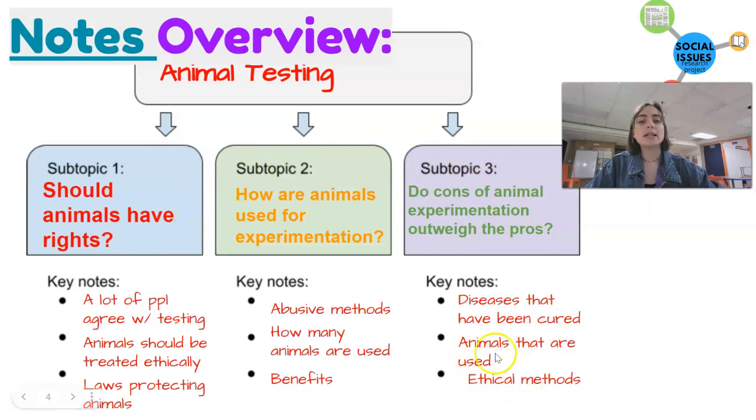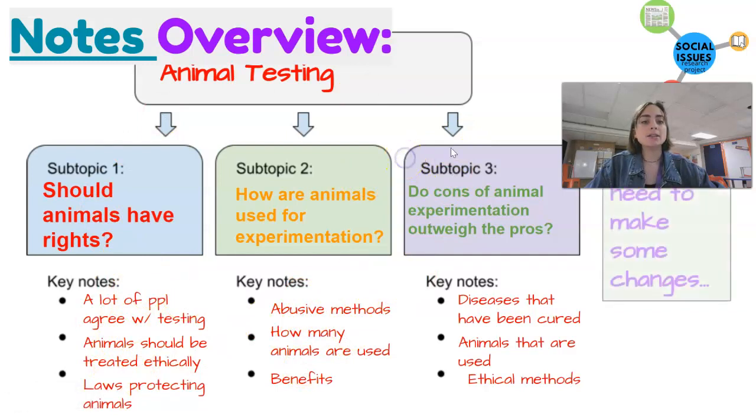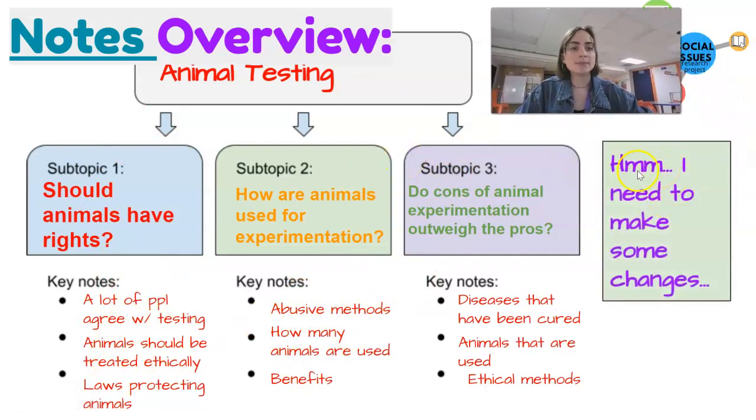So after you've jotted down your 3 subtopics, the 3 guiding questions you're using, and a couple of those keynotes for each topic, you want to go back and look at your notes, and you might think that you need to make some changes. If the keynotes are not matching up with your subtopics, that is okay.